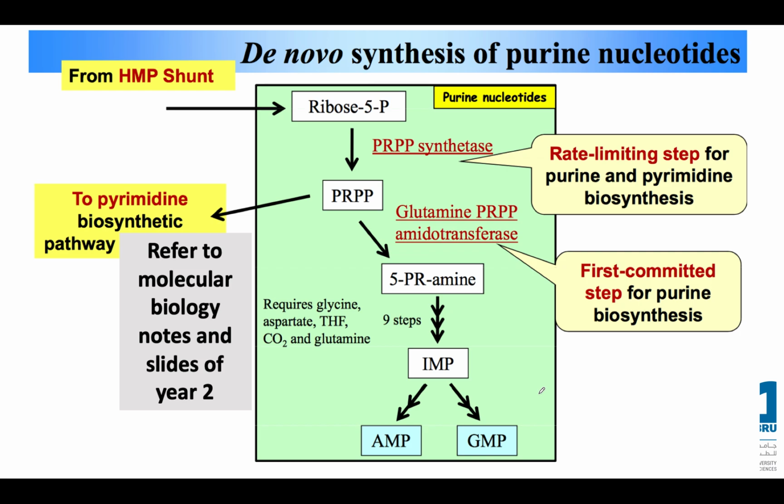How is purine synthesized in our body? Now you have to understand that there are three processes that contribute to purine nucleotide biosynthesis, and one of the most important processes is the synthesis of purines from amphibolic intermediates, which is also known as the de novo synthesis of purine nucleotides.